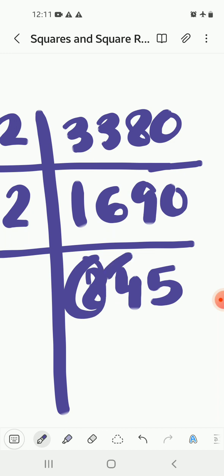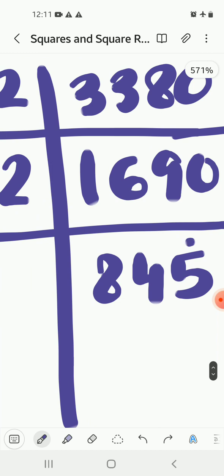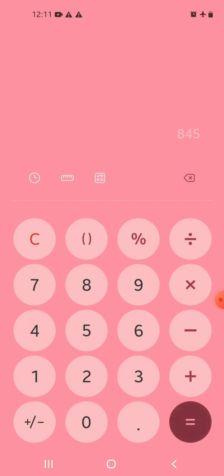Add all the digits, 8 plus 4 plus 5. If we add all the numbers, we would get 17. So it will not be divisible by 3. We'll move to 5 because we have 5 in the units place. So divide 845 by 5. We get 169.